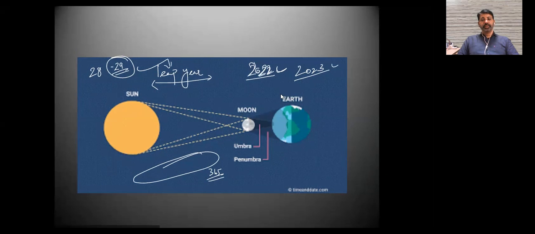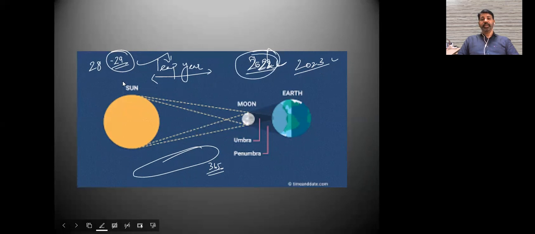So the quarter day that gets added every year, we accumulate it and add it on the leap year as one full day. That one full day will be added in February. Am I clear? Your question is related to the revolution of the earth around the sun.